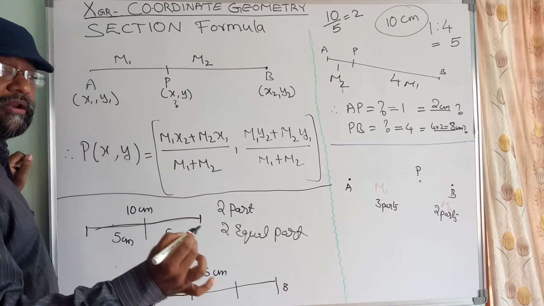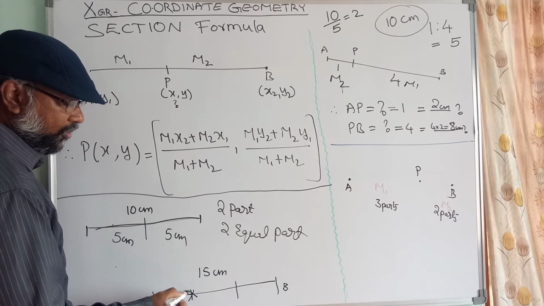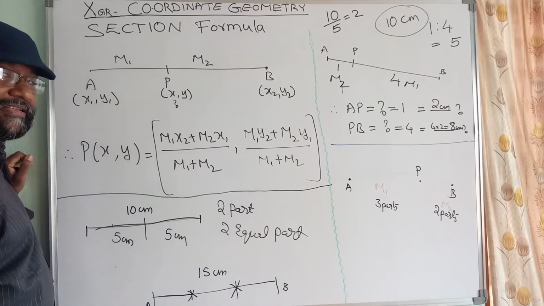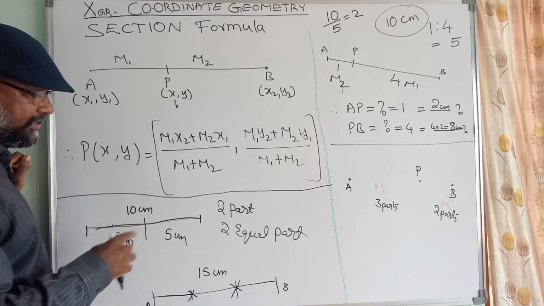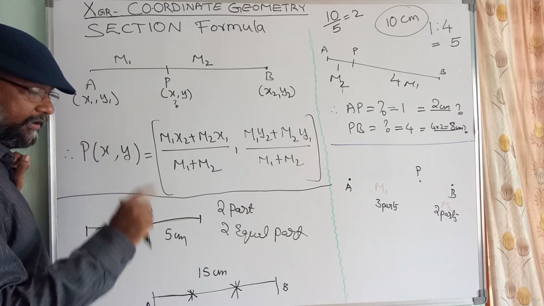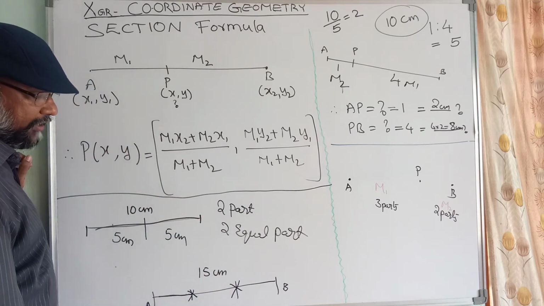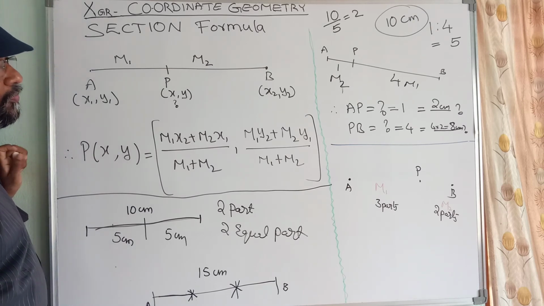These 2 points are called trisecting points. Here bisection has 1 point, and trisection has 2 points. We have a question on this in the exercises.